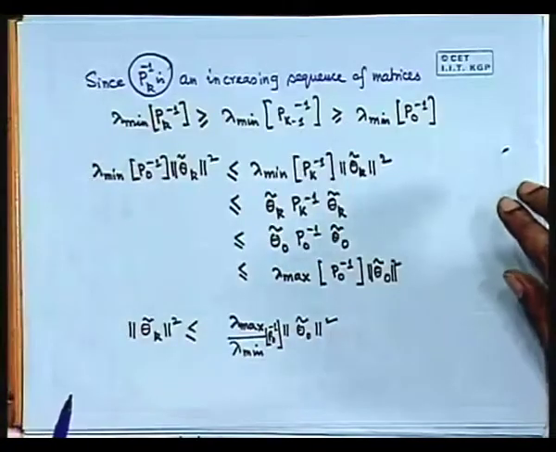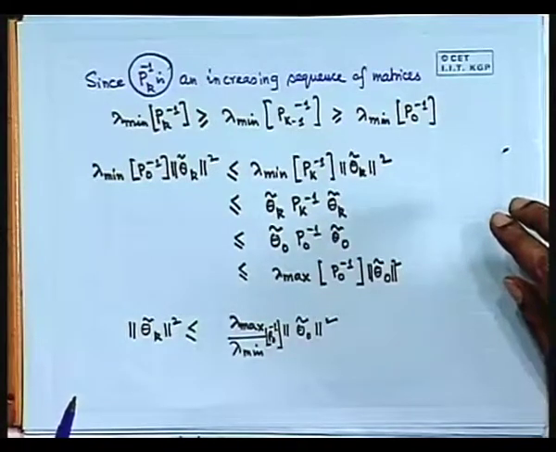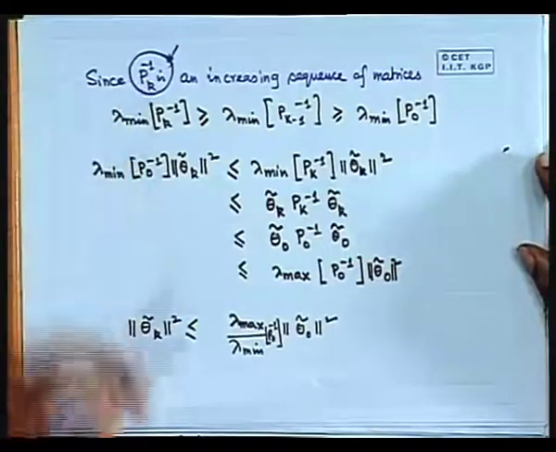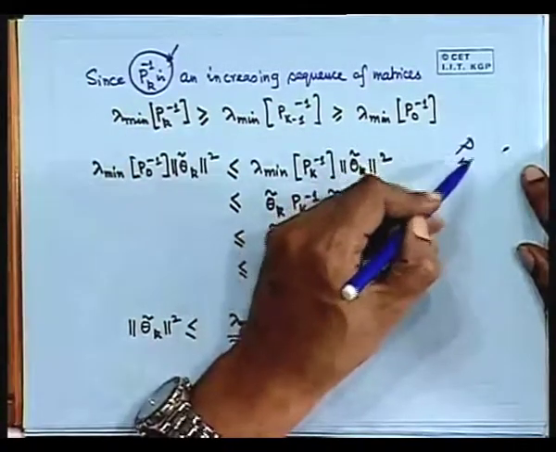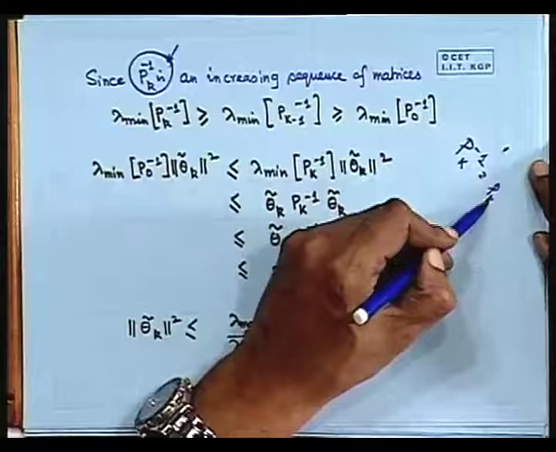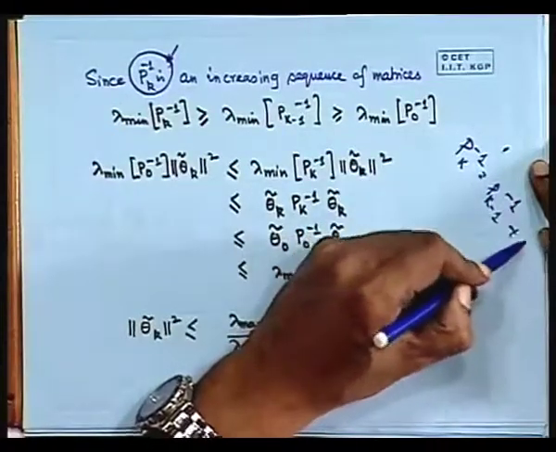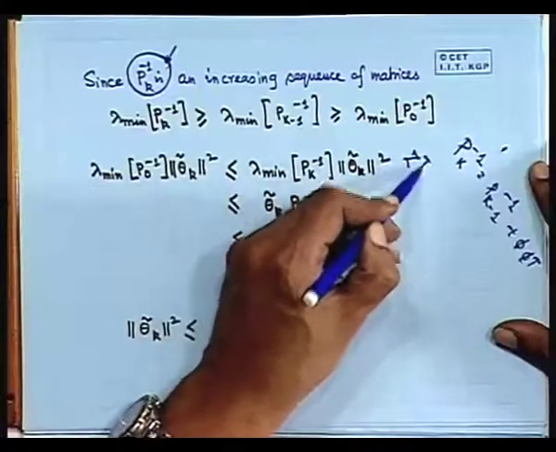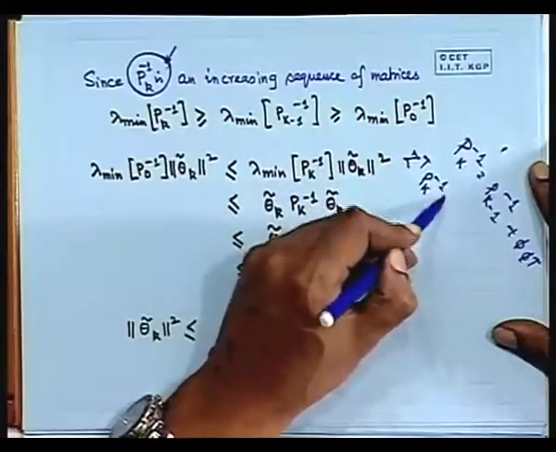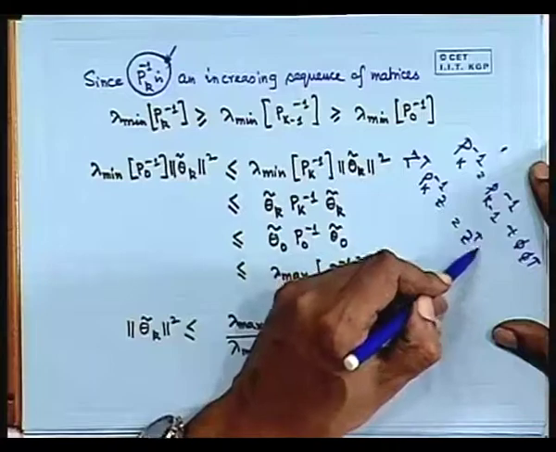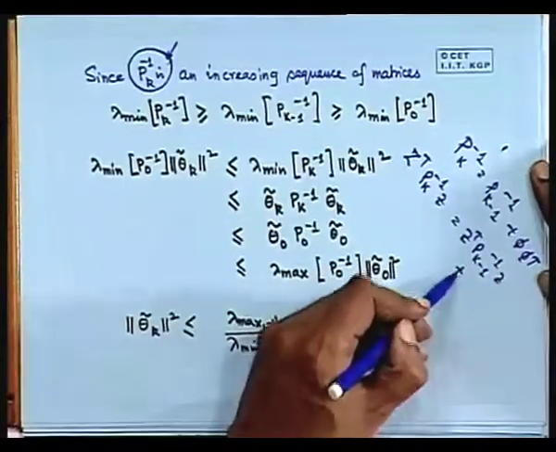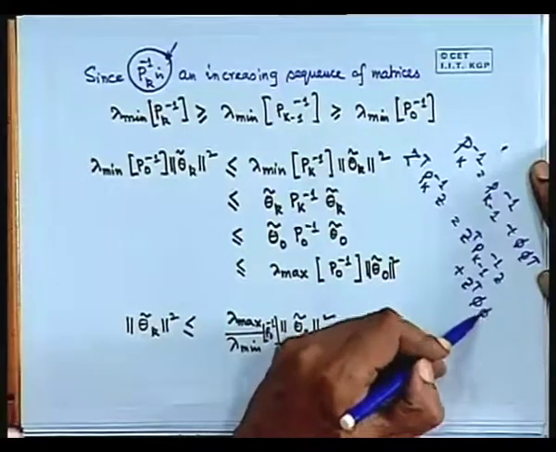And why is it an increasing sequence? That is, why is this a more positive definite matrix than pk minus 1 inverse? Because pk inverse is pk minus 1 inverse plus phi phi transpose. So if you take any vector z and compute z transpose pk inverse z, then it will be z transpose pk minus 1 inverse z plus z transpose phi phi transpose z.